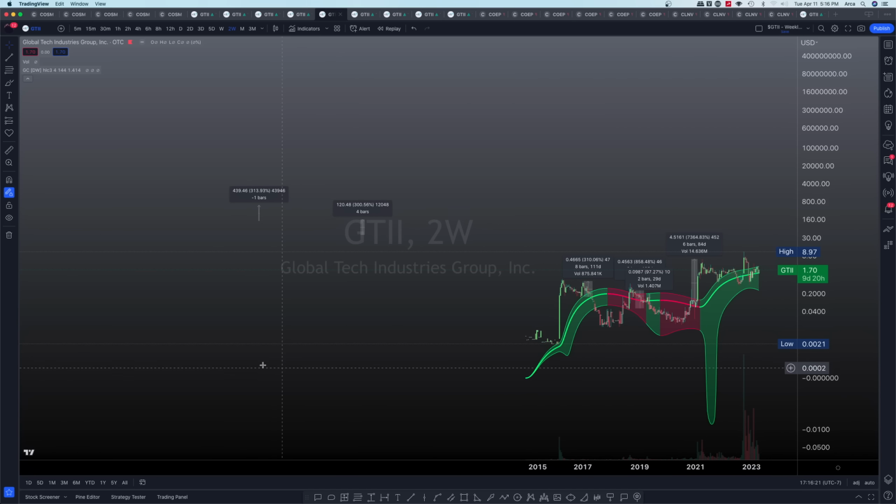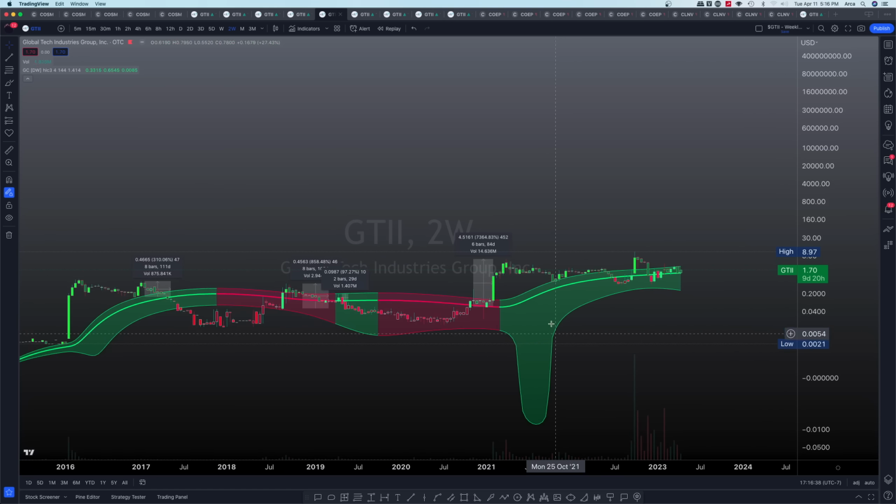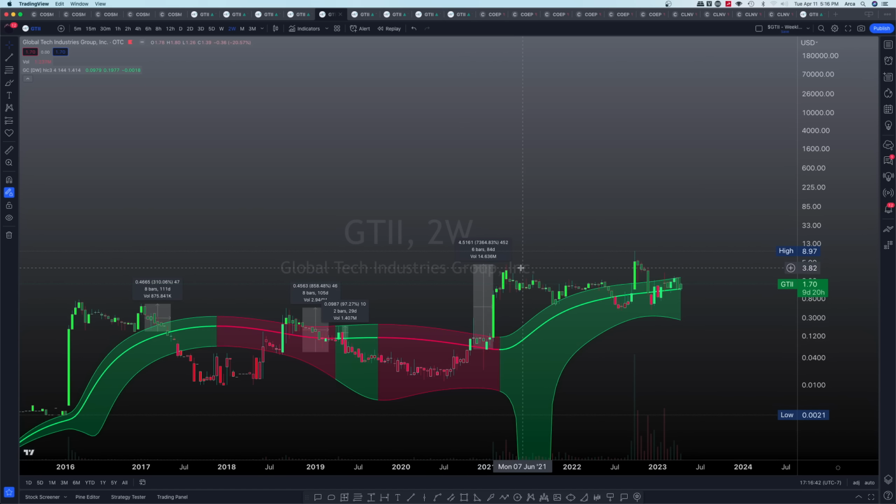If you want to see what the Gaussian channel looks like before 2014, we had several iterations, a few of which were about 300%. Here's a 313. Here's a 300. This is a 310. So several iterations have been using this mean band of the Gaussian channel as a very important support before an explosion to the upside.